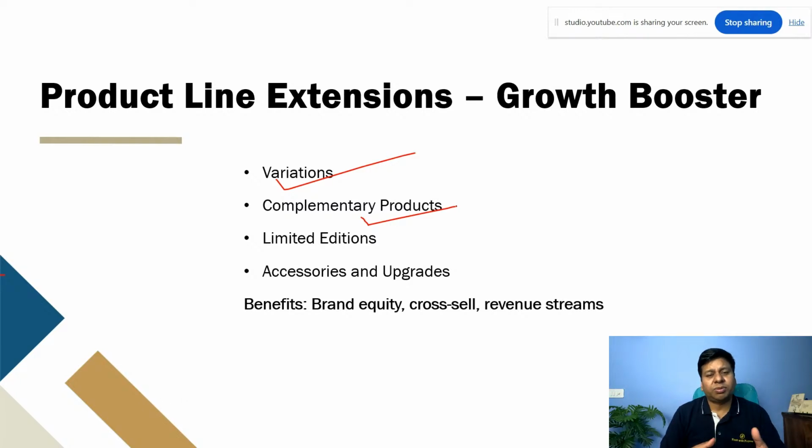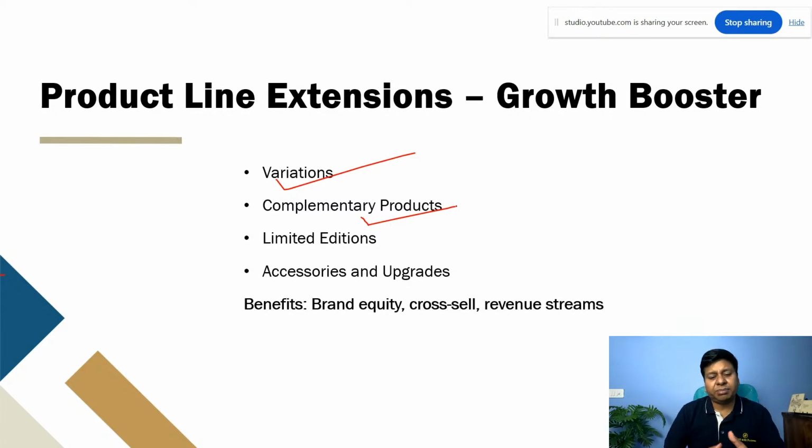In the automobile organization, you must be seeing whenever you are going for the servicing of your vehicle, there must be one or another product related to seat covers, different kinds of lighting, dash cam. Right? So there are certain accessories and upgrades as well.